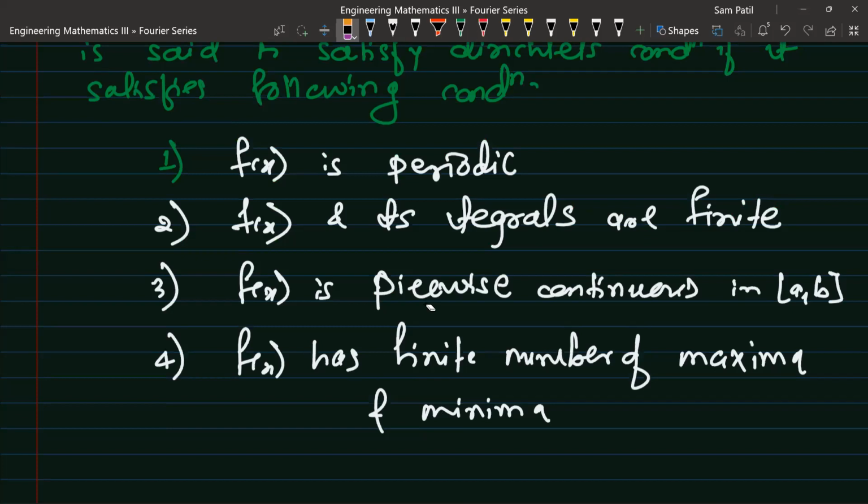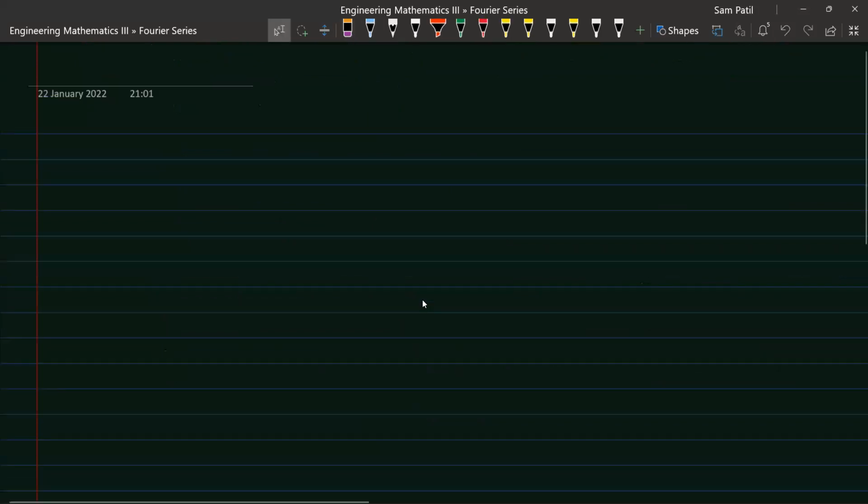Whatever function we have in the example in the exam, it always satisfies the Dirichlet condition. They are asking to find the Fourier series for this function, so it is obvious that the function satisfies the Dirichlet condition. Fine. So let us move forward to the definition of the Fourier series. Definition.